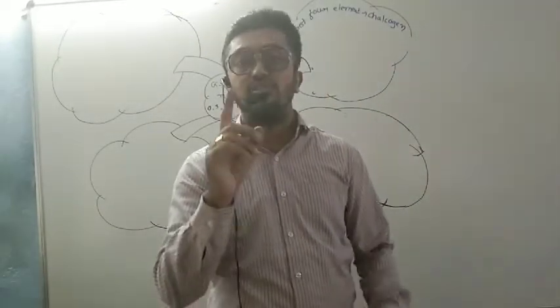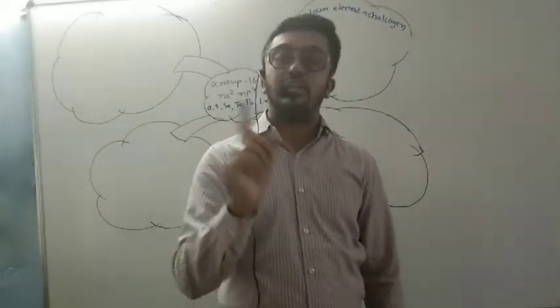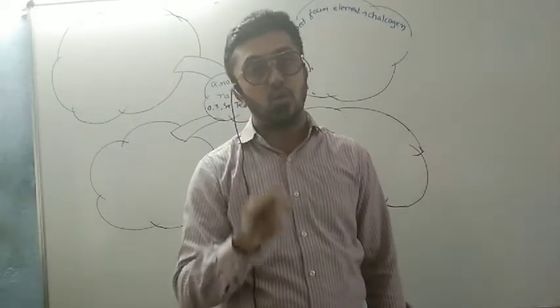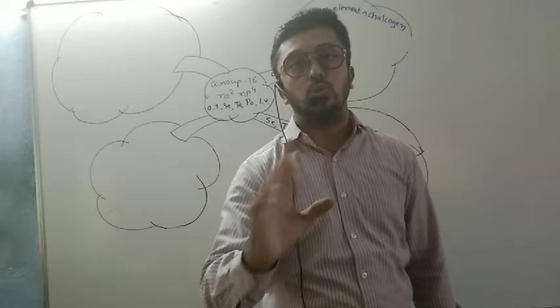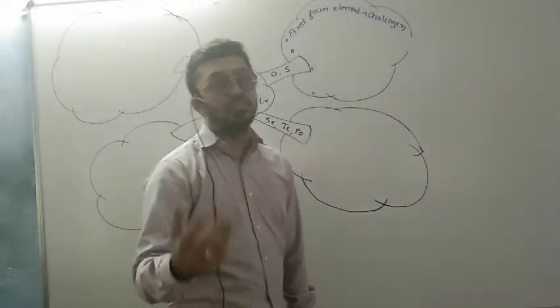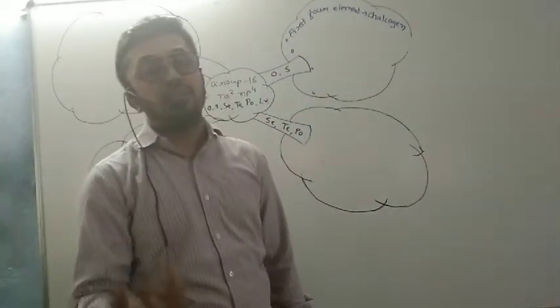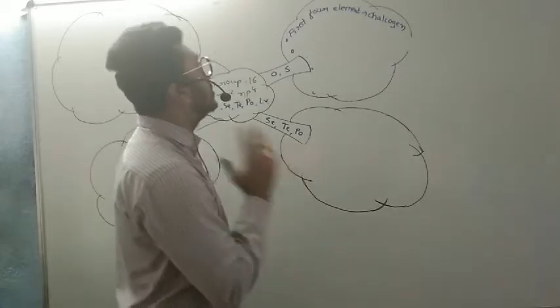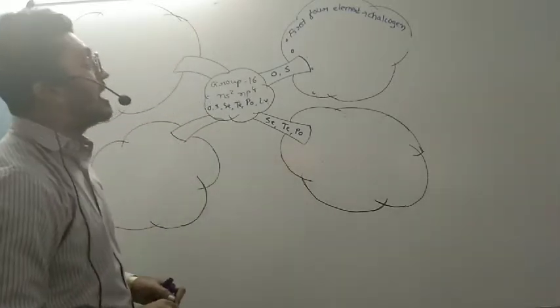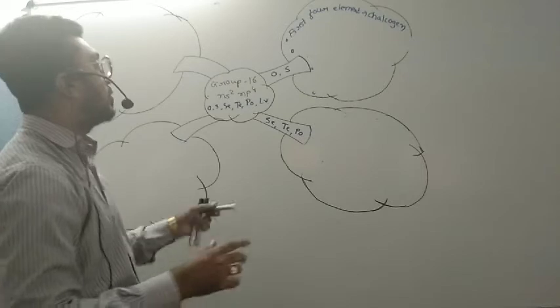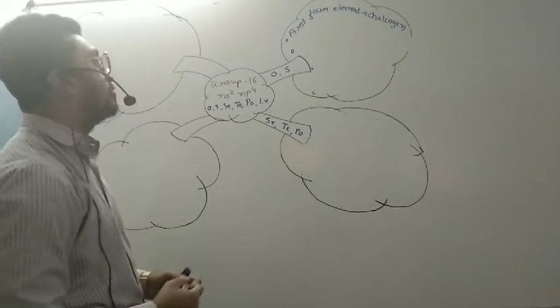So oxygen, sulfur, selenium, and tellurium, this group of 4 elements, is known as chalcogen. Just as group 17 is called halogens, this is the Greek name chalcogen. So the first 4 elements are known as chalcogen.